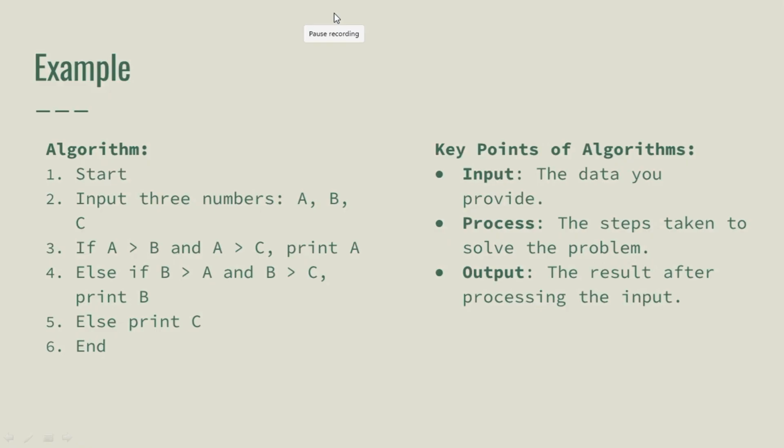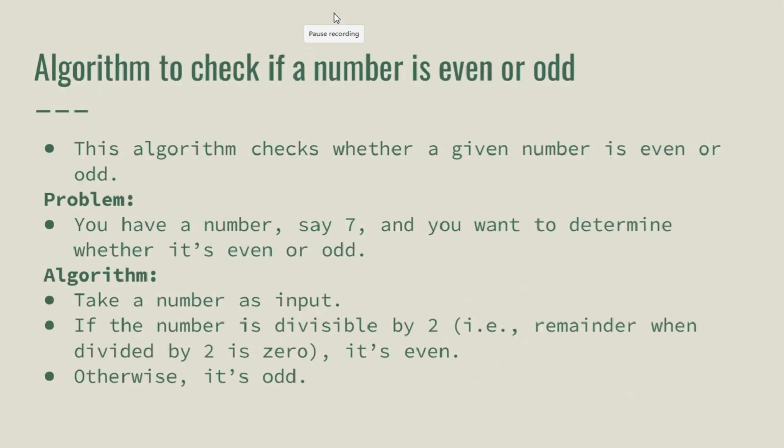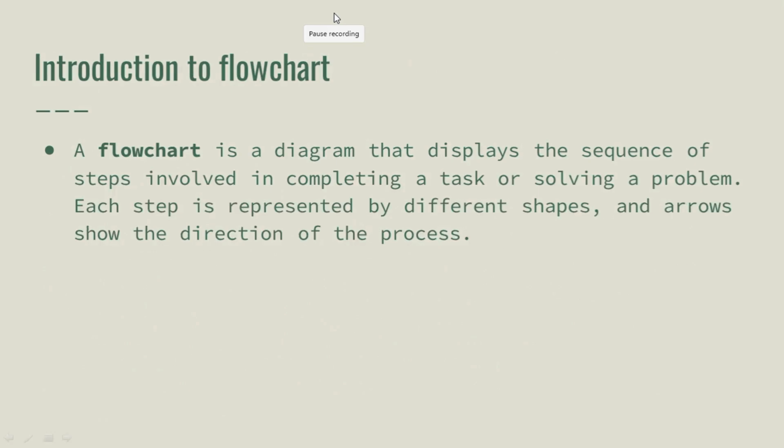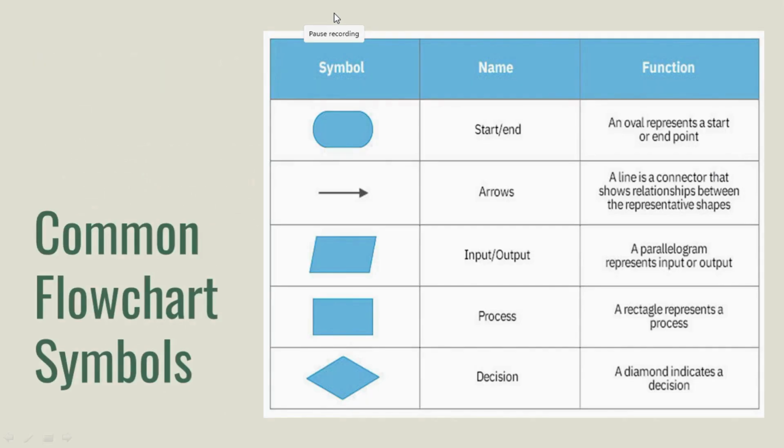At first instant, they will not understand. To make them understand more easily, and to understand the logic simply for us as well, the flowchart has come up, and it is just a diagram of your algorithm steps.